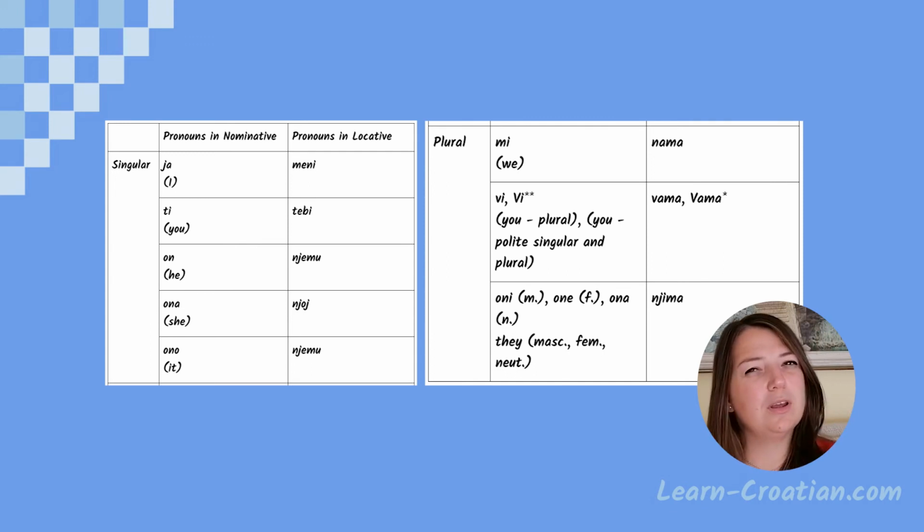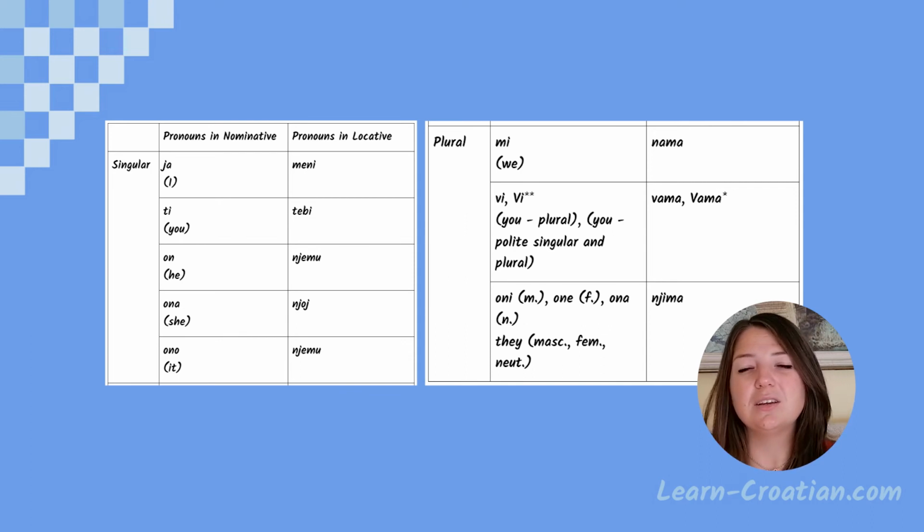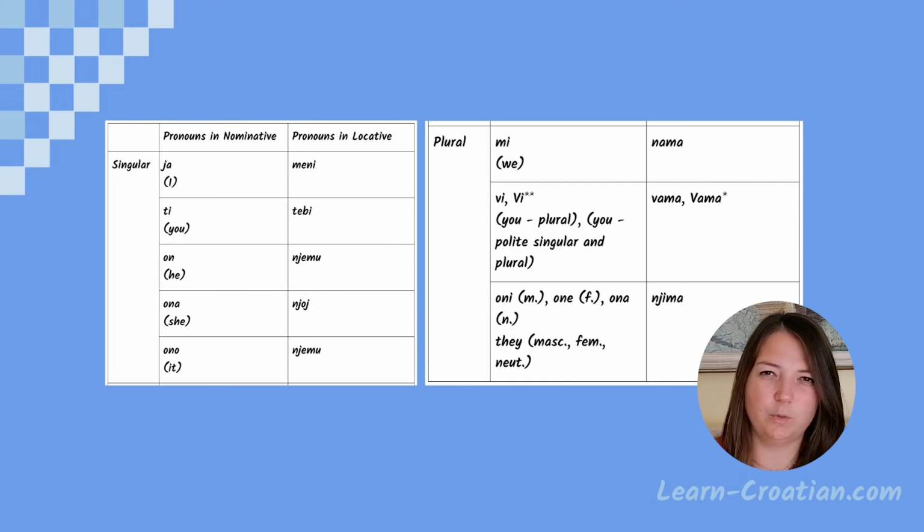Now remember, if you've studied the dative pronouns, there are shorter forms, like mi, ti, mu. These are not very commonly used in the locative, just in the dative, but really you will not make a mistake if you use the full, longer form of the pronoun.